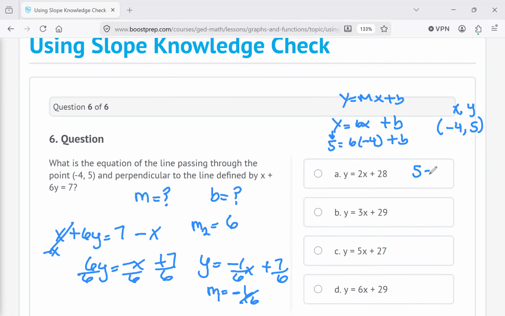So I get 5 equals, what's 6 times -4? -24 plus b. Then solve for b by adding 24 to both sides. So b equals, what's 24 plus 5? 29. So my final equation is y equals 6x plus 29.